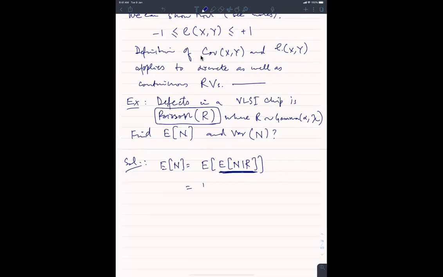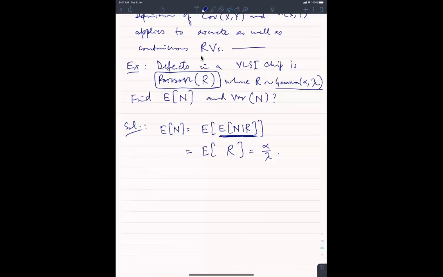Poisson की expected value जो होती है वो उसका parameter के equal होती है, and that parameter is just r, ठीक है? So expected value of r, ठीक है? But r is gamma, alpha and lambda, so that means this is equal to alpha over lambda. Very simple.